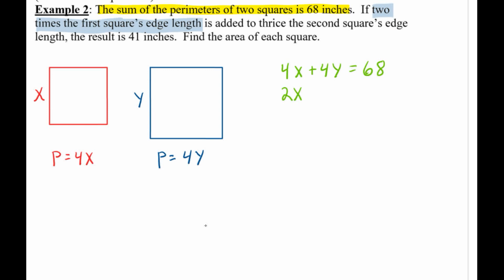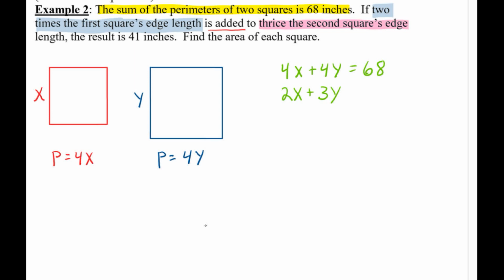Is added to, well, added to means that we're going to be using an addition sign. Thrice the second square's edge, well, that's just a really fancy way to say 3 times the second square's edge. So 3 times the second square's edge, the second square had an edge of y, so 3 times that would be 3y.